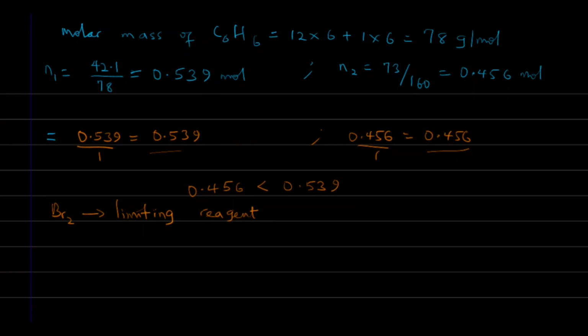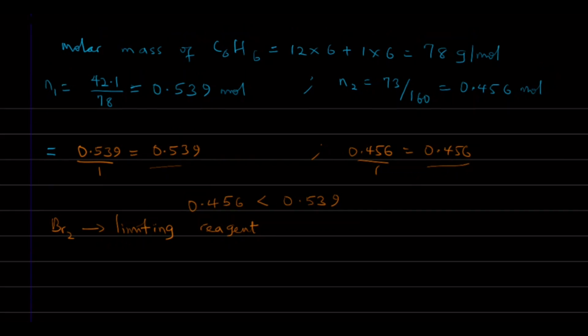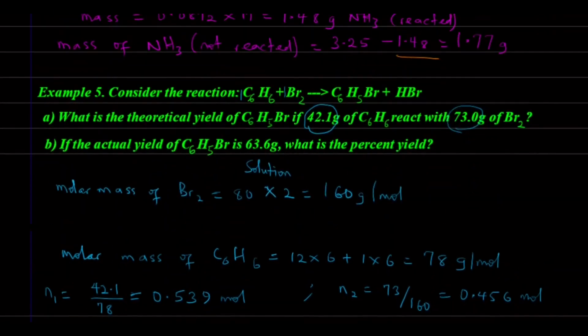So since we have known the limiting reagent, we can use it to calculate the product. In the question, we are asked to solve for the theoretical yield of the main product, which is bromobenzene, and the other product is hydrogen bromide. If you consider the limiting reagent, which is the bromine molecule, and the product, bromobenzene, you notice that they have a 1:1 ratio in their moles.